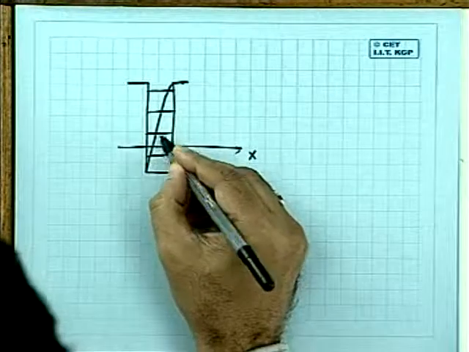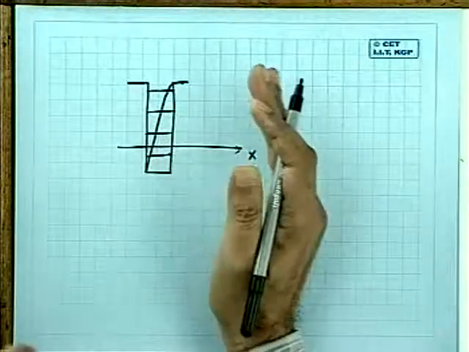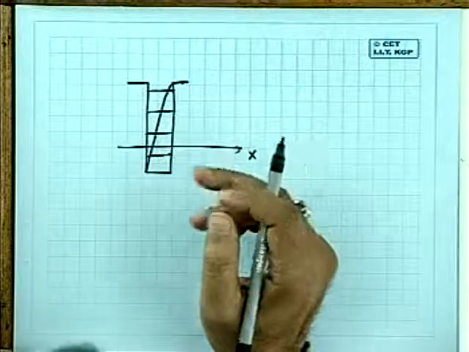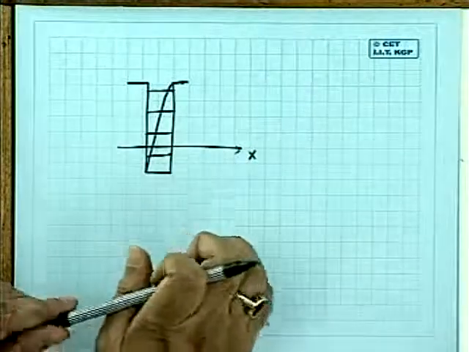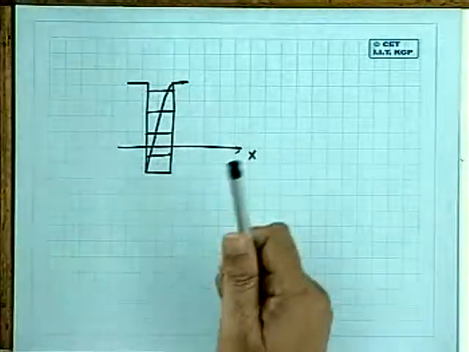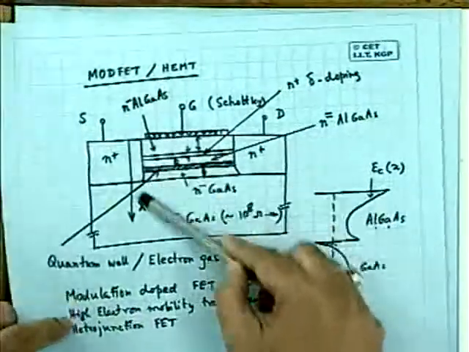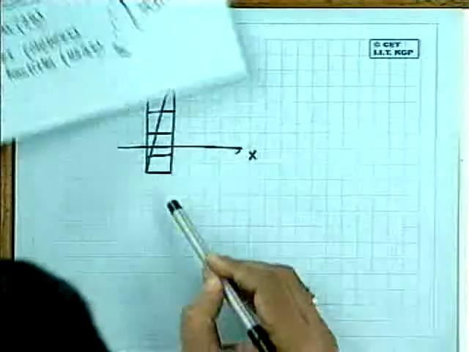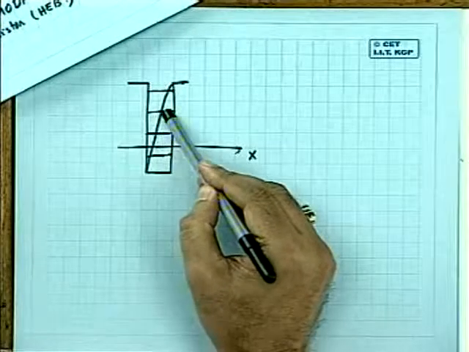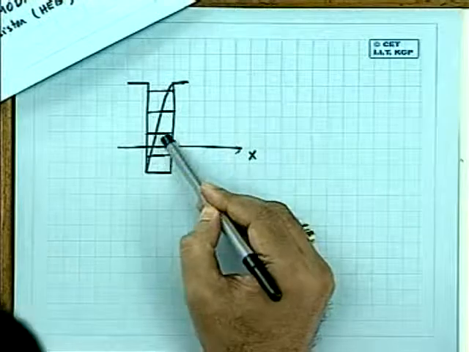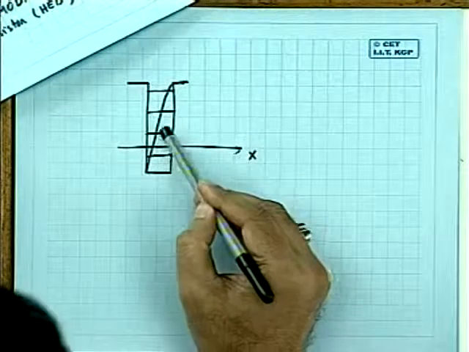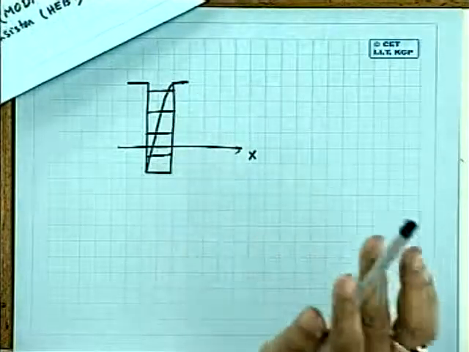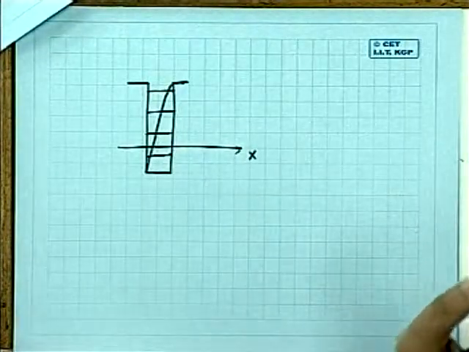And the difference between them may be quite large depending on how narrow the well is. As a result, an electron, so far as movement in this direction is concerned, with a little amount of energy, that means you have to change energy from here to here to here. There are no intermediate energies available because these are the allowed energy levels in a single quantum well. I'm sure you have studied something about it in your physics course.